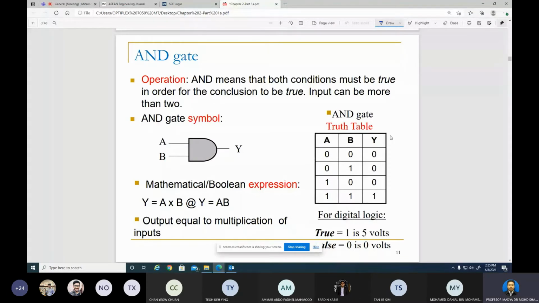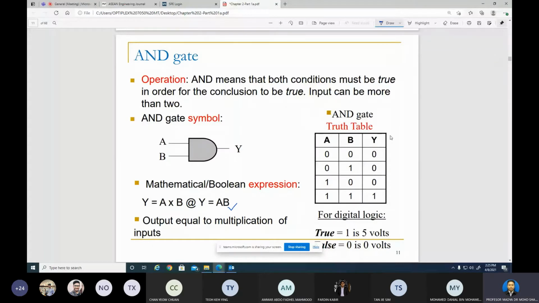Here we have the AND gate. Okay, next we go for the AND gate. AND gate means both conditions must be true in order for the conclusion to be true. The inputs can be more than 2. You can see the symbol for the AND gate that I mentioned to you. This is the Boolean or mathematical expression.